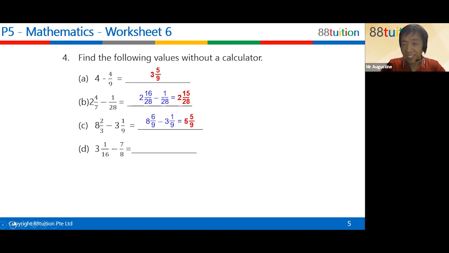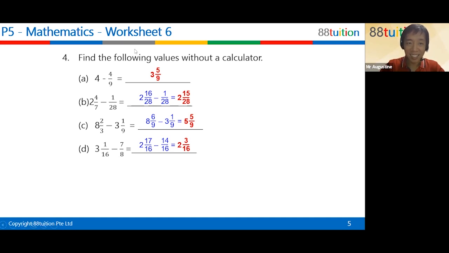Part C. So part D is the one where you've got to do a little bit more work, because if you have to take 1 out of 16, you're unable to subtract 14 out of 16. So that's why you need to convert 1 whole from the 3 into 16 out of 16, such that it becomes 2 whole and 17 out of 16.